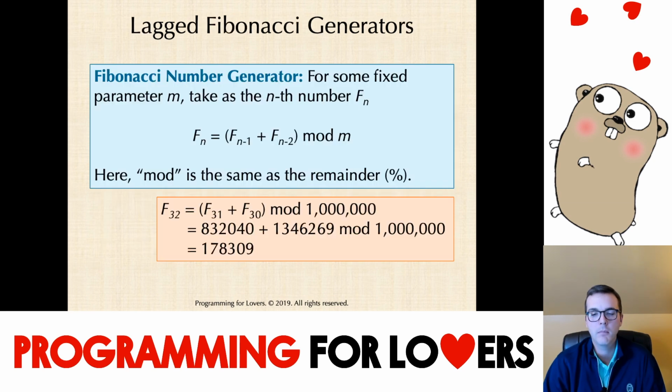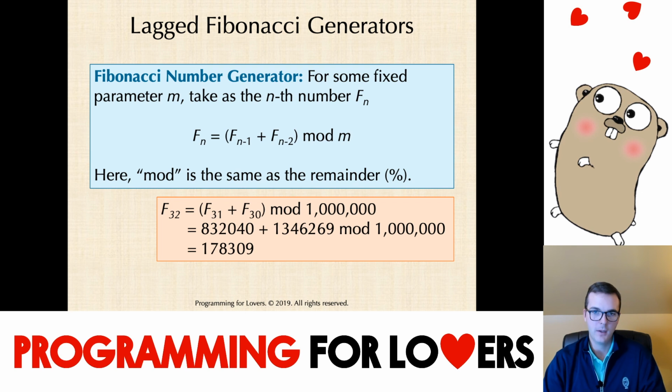So one might be to look at something like, so the Fibonacci numbers are formed as 1, 1, 2, 3, 5, 8, 13, and so on, where we take the sum of the previous two elements in the sequence to get the current element. And so a Fibonacci number generator might take the remainder after we sum the previous two elements.